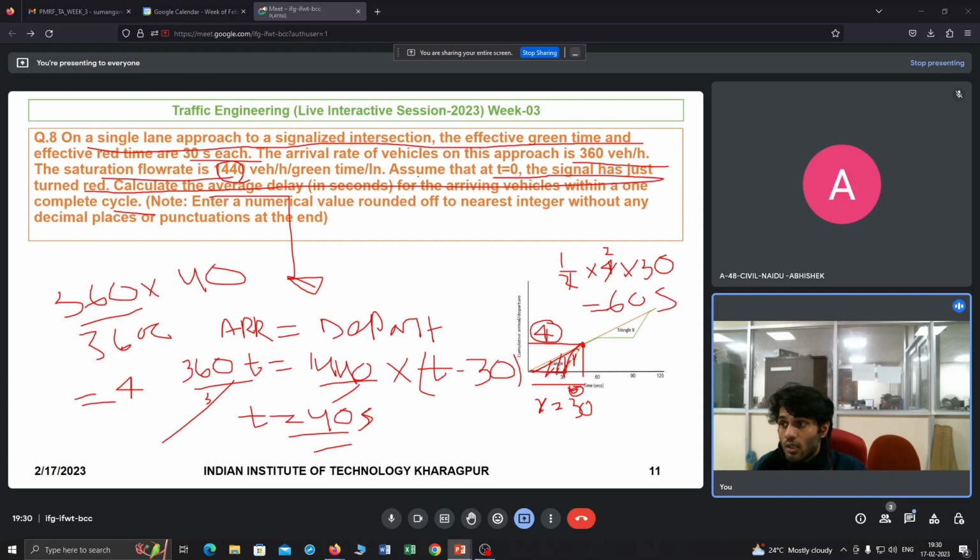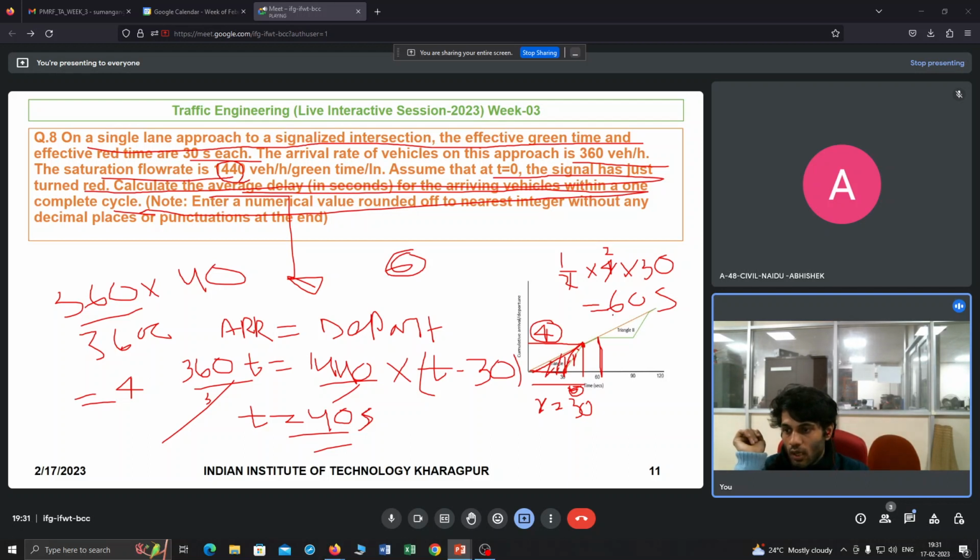Now what we want is not the total delay, we want the average delay for the arriving vehicles within one complete cycle. So see, one complete cycle is up to 60, because 30 is your green time and 30 is your red time. In 60 seconds, what is the number of vehicles that have arrived? 360 by 3600 means 0.1 into 60, which means 6 vehicles, right? 6 vehicles will arrive during 60 seconds.